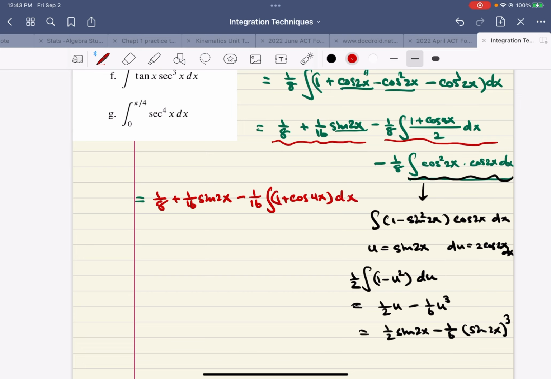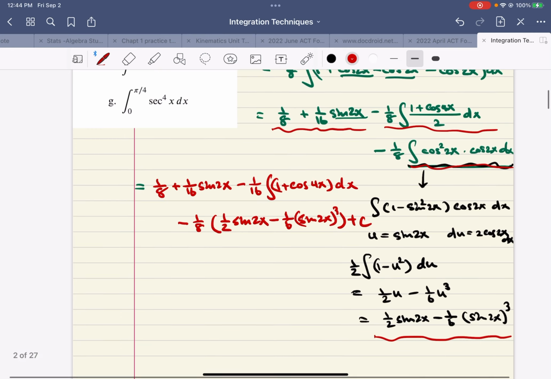Okay, and then minus 1 over 8. So that underlined one here, replace with that 1/2 sine 2x minus 1 over 6 sine 2x cube. Okay, make sure you put plus c because that's an indefinite integral. Now, almost done.